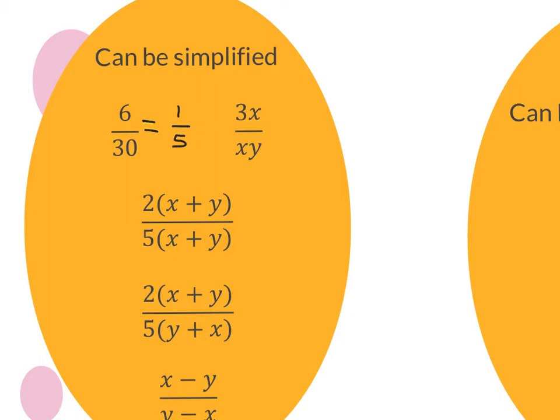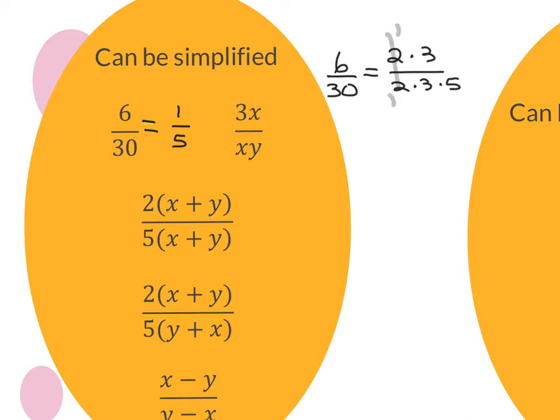Now, what we're going to be doing with the more complicated problems, when we're simplifying rational expressions that have polynomials, we're going to be factoring. So if you prefer with 6/30, you can factor, do like a prime factorization of the 6 and the 30, make this 2 times 3, and make this 2 times 3 times 5, and then you look for things to simplify.